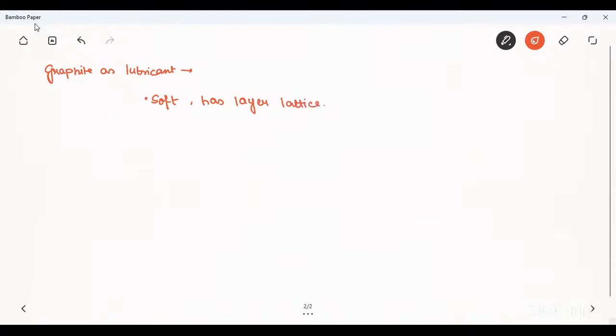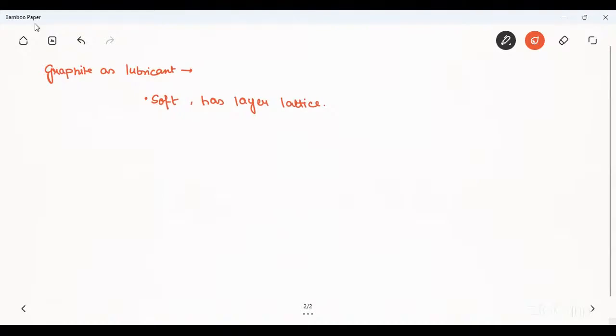In this structure, one of the layers slides over another. So what does the layer lattice mean? One layer slides over another due to the weak van der Waals force of attraction. And these layers are slippery. Hence, it is greasy and it is used as a lubricant.